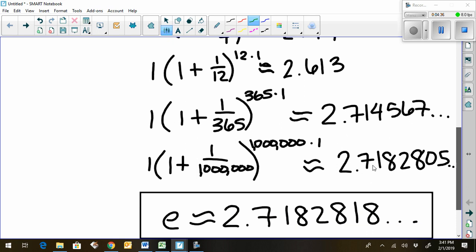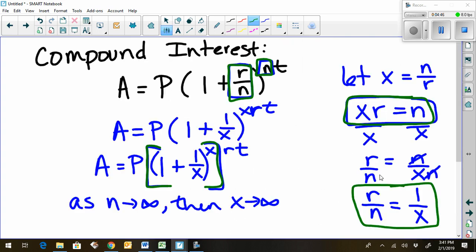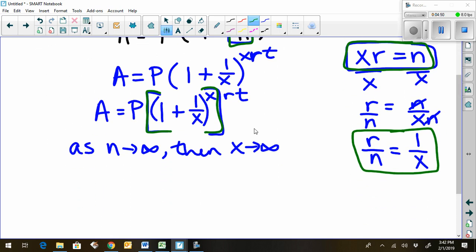So as our 1 plus 1 over x to the x gets larger and larger and larger, we know that we become the letter e, which is actually a number. So as that goes to infinity, then this part in the brackets actually becomes e. So we get a new formula that's A equals P e to the rt.